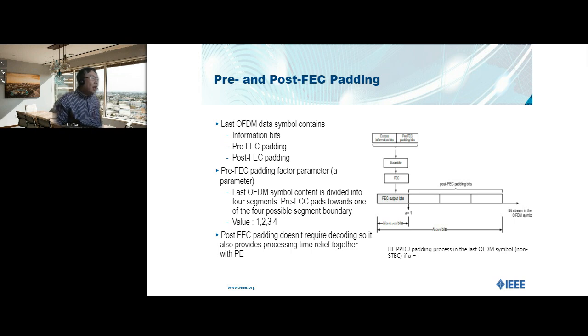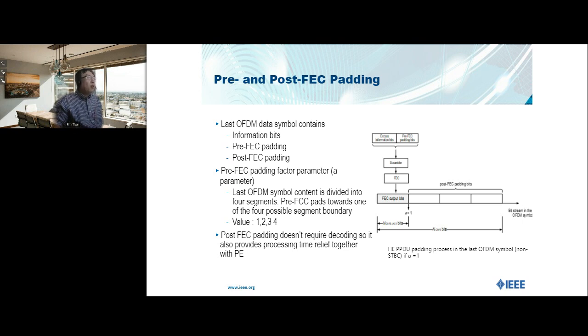The reason why we separated pre-FEC padding and post-FEC padding is this, okay? Post-FEC padding doesn't need to be decoded. So in other words, post-FEC padding can be considered part of the time to provide relief to the receiver timing, okay? Pre-FEC padding needs to be decoded.